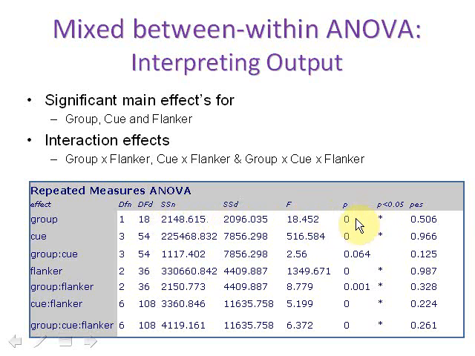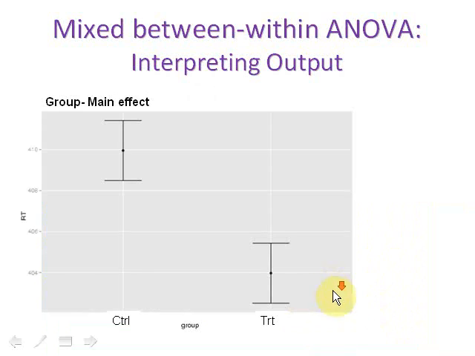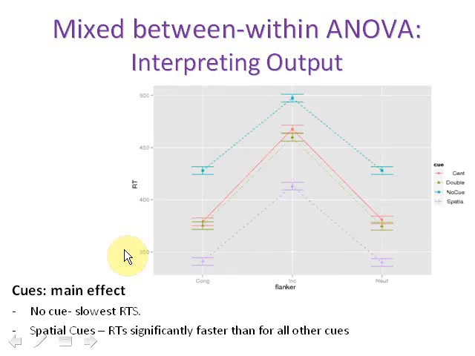The important bit, of course, is whether or not these separate components of our model are significant, and most of them are. Looking at the between effects, this is plotted out separately. We see that there's an overall effect of the treatment to speed up people's reaction times, only slightly, but it turns out to be very significant.